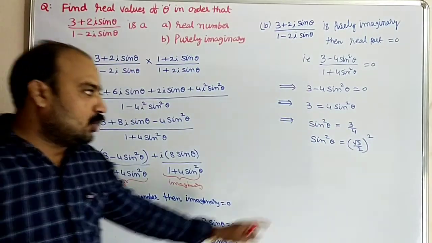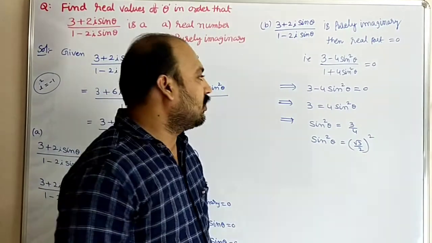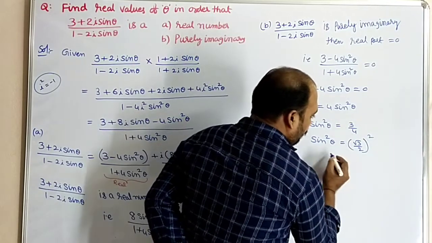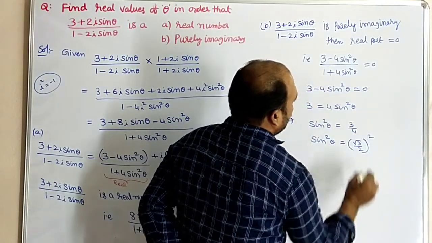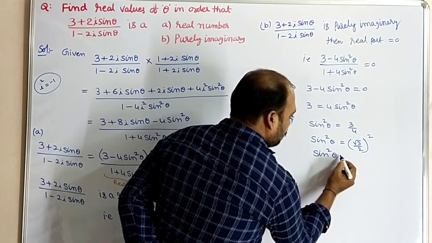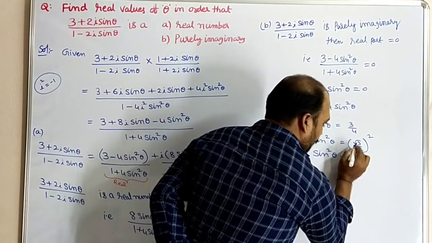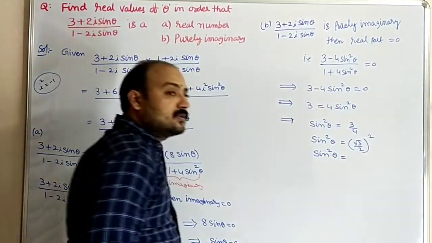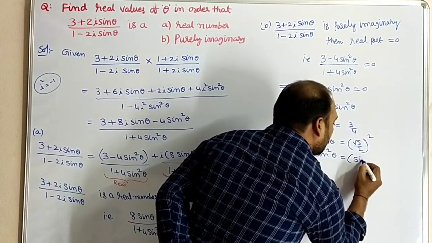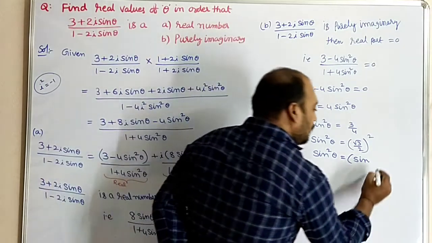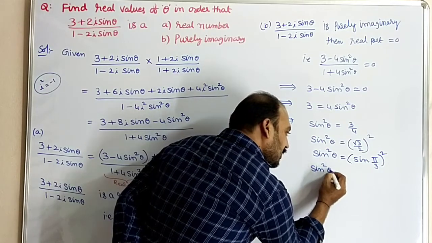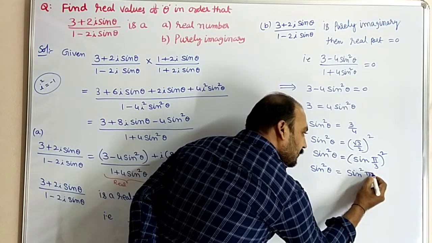After that, sin theta equals root 3 by 2. Root 3 by 2 in terms of sin 60, which means pi by 3. Sin square theta is equal to sin square pi by 3.